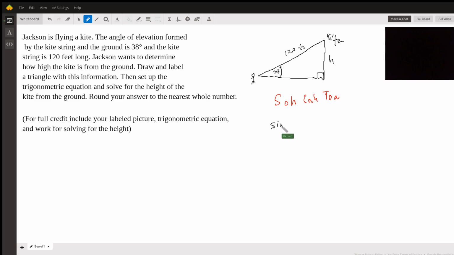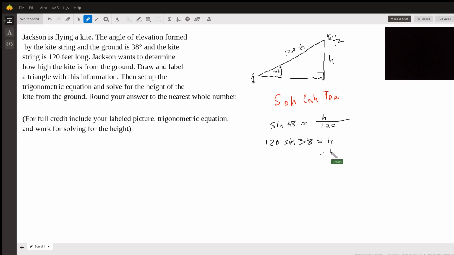Sine of 38 degrees is equal to h over 120. Multiply both sides by 120. We're going to get 120 times the sine of 38 equals h.